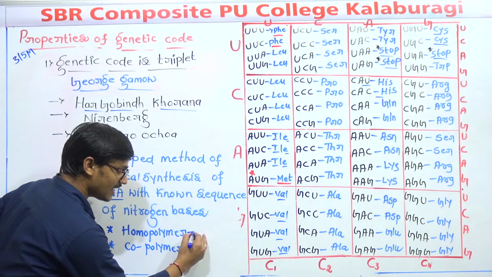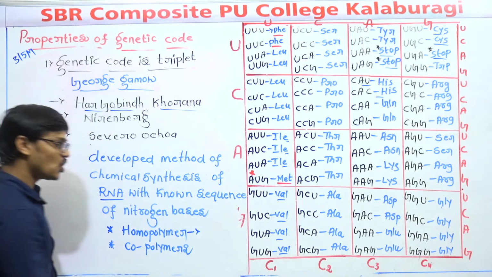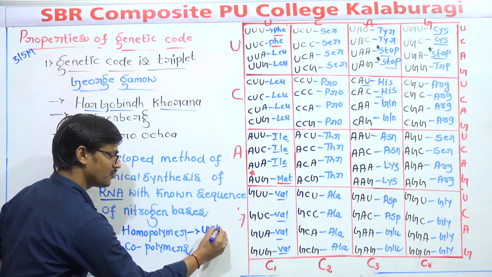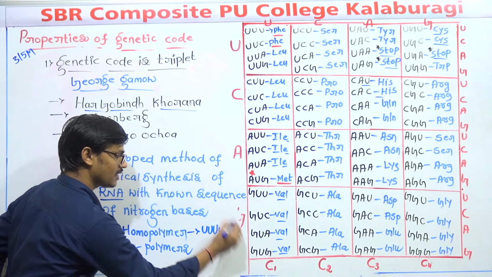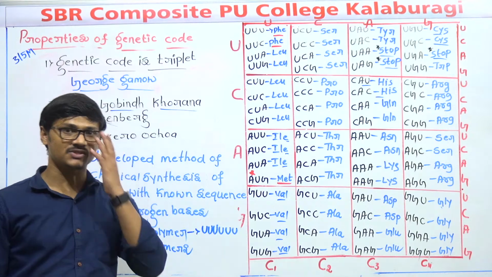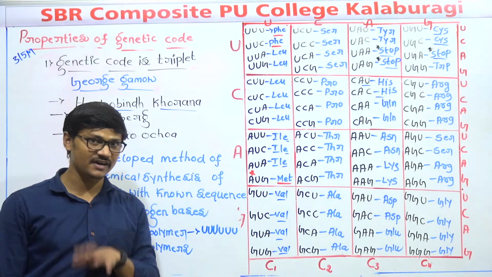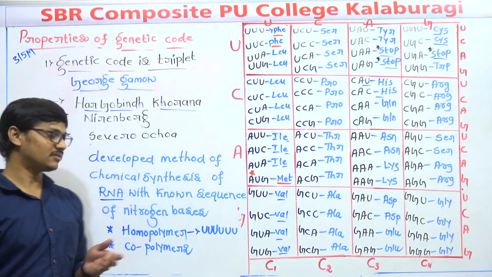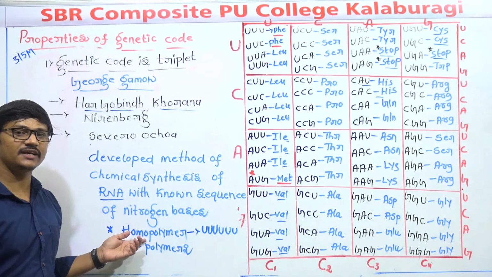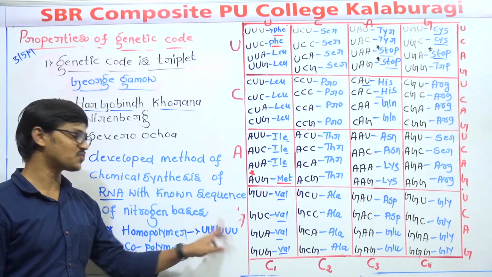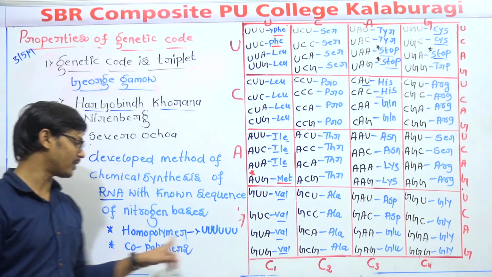This RNA homopolymer has only one nitrogen base, like U. In case of RNA, there are 4 nitrogen bases, AUGC. But he synthesized artificially, chemically, RNA having only one nucleotide. That is what is called a homopolymer.